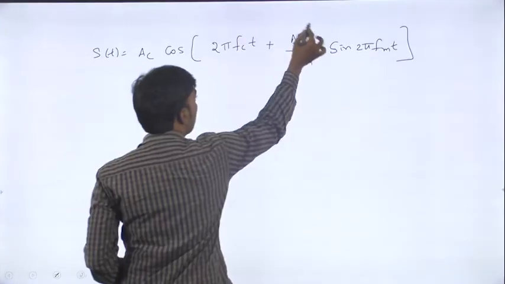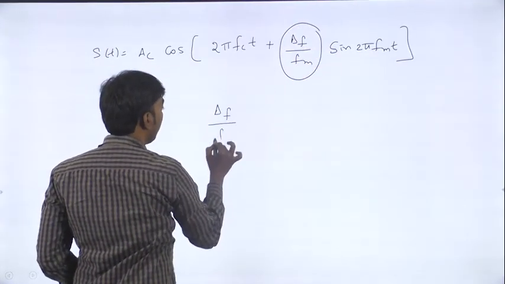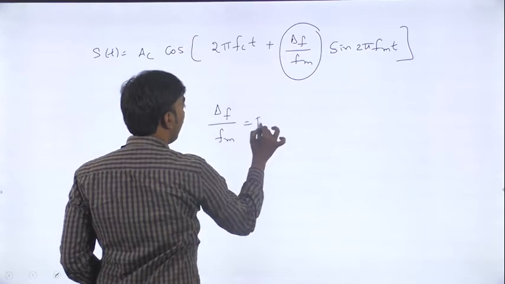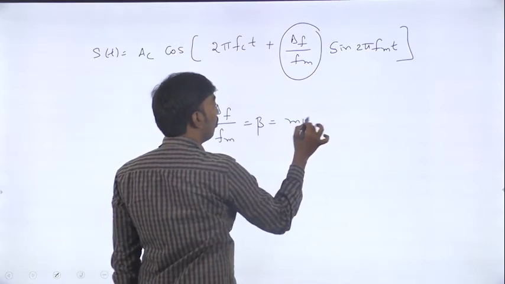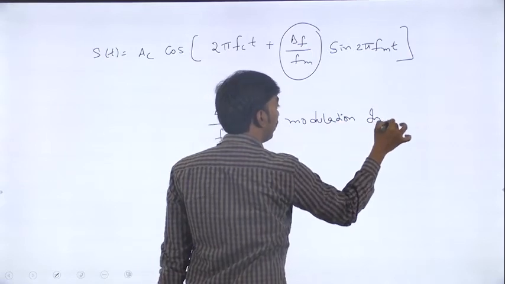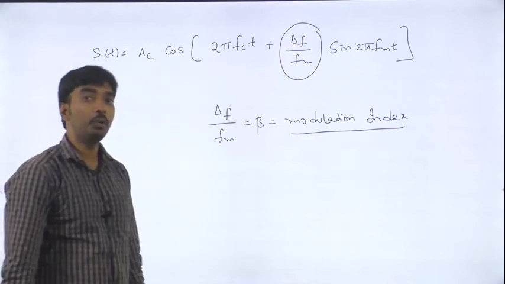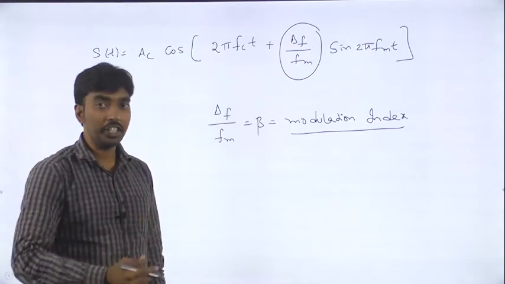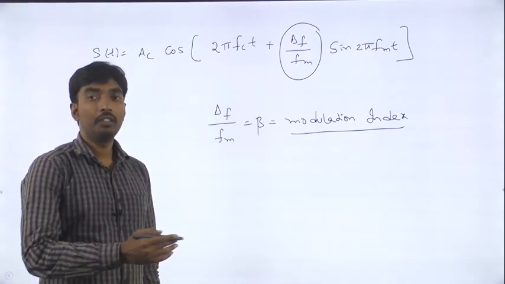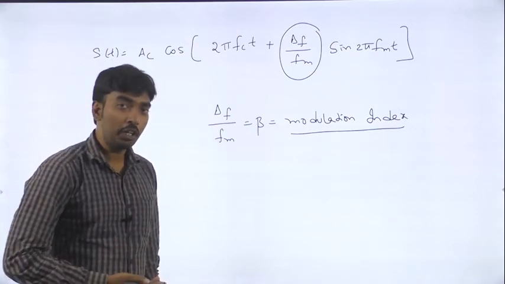And now this also I can change as delta f by fm is equal to beta, which is equal to modulation index. Based on modulation index, we are going to achieve the classification in the frequency modulation. So we have two types of modulation.